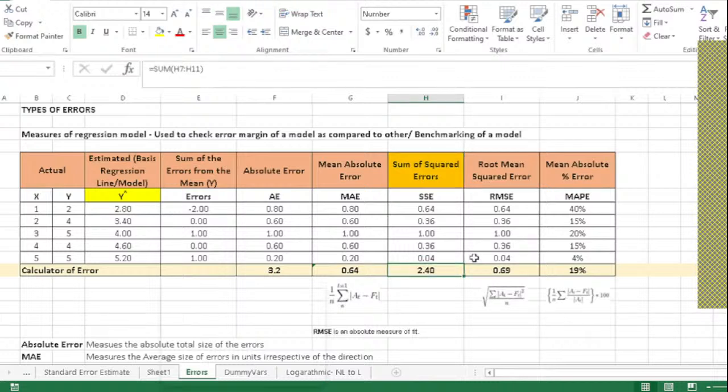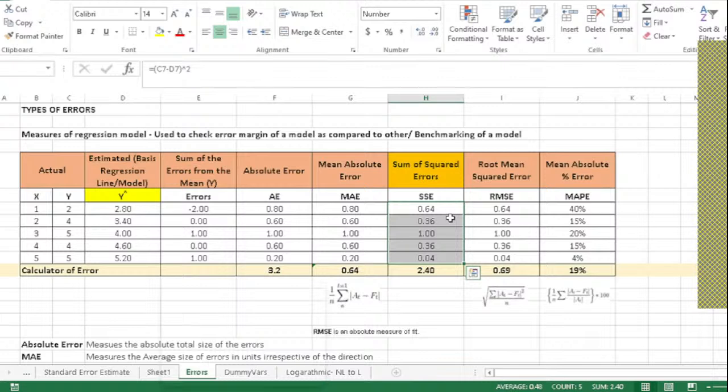Now, why am I squaring it? Again, to do away with the direction. Otherwise, some errors are going to be on the right side, positive, and some will be on the negative side, and if I don't square them, both of them are going to set each other off.